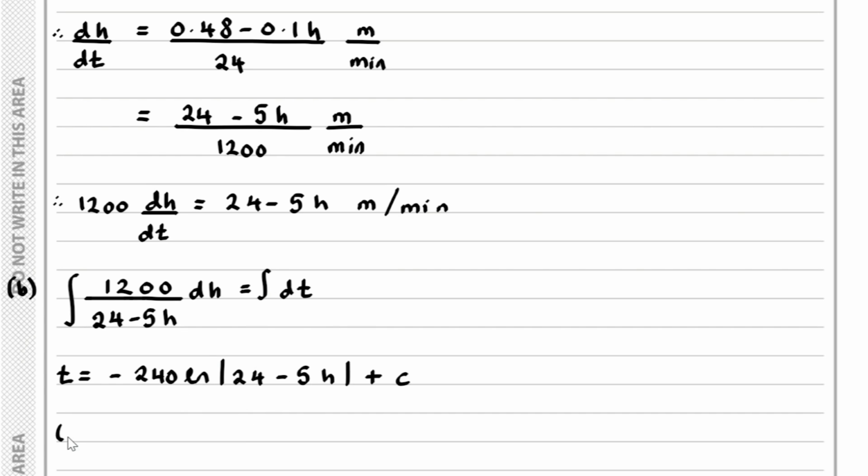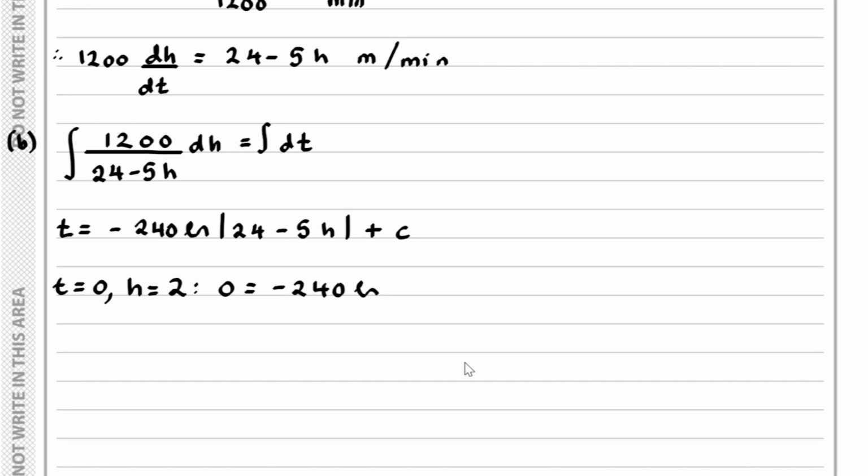And if we use the condition t equals 0, h equals 2, we've got 0 equals minus 240 times the natural log of 24 minus 10, plus c. So we've got 0 equals minus 240 times the natural log of 14, plus c.